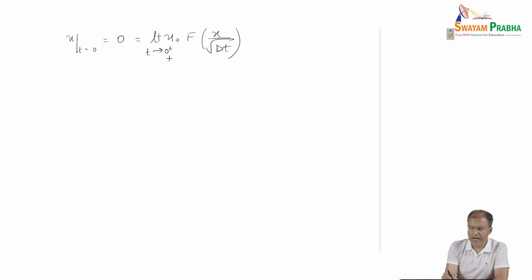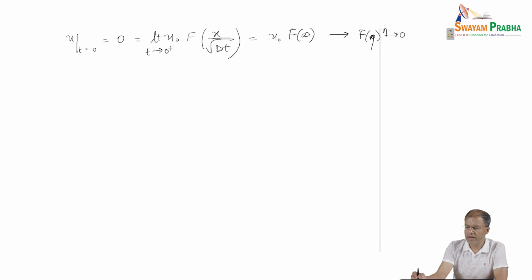So when we take t going to 0 plus, we get that this is also equal to u naught times f at infinity, and this is 0. So from here we get the condition that f at eta goes to 0 as eta goes to infinity. So these are my two conditions on eta, and we can very well now solve the ordinary differential equation involving capital F.